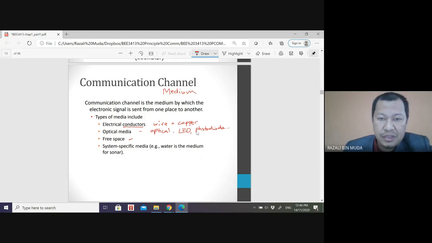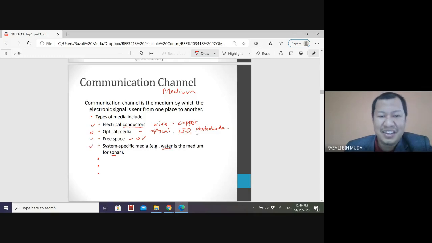Free space, which is air. And system specific media, for example water for sonar system, and you can list a few more if you know. So the main ones are wire, optical fiber, air, water.